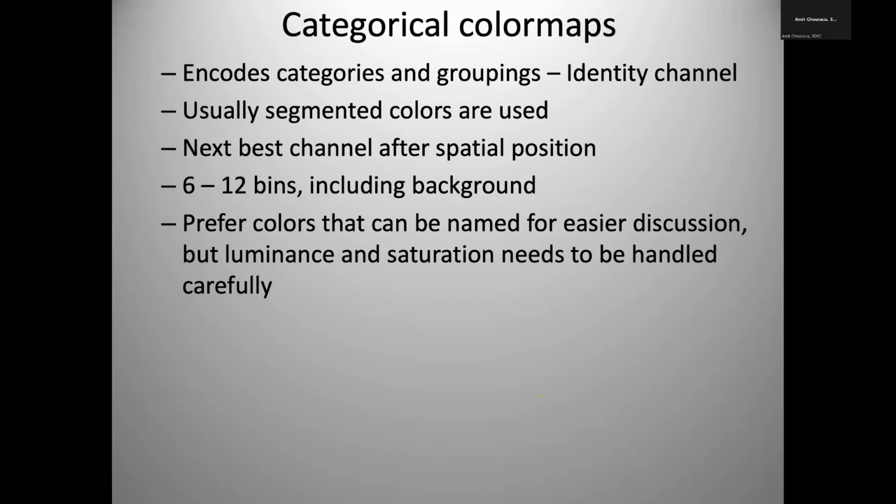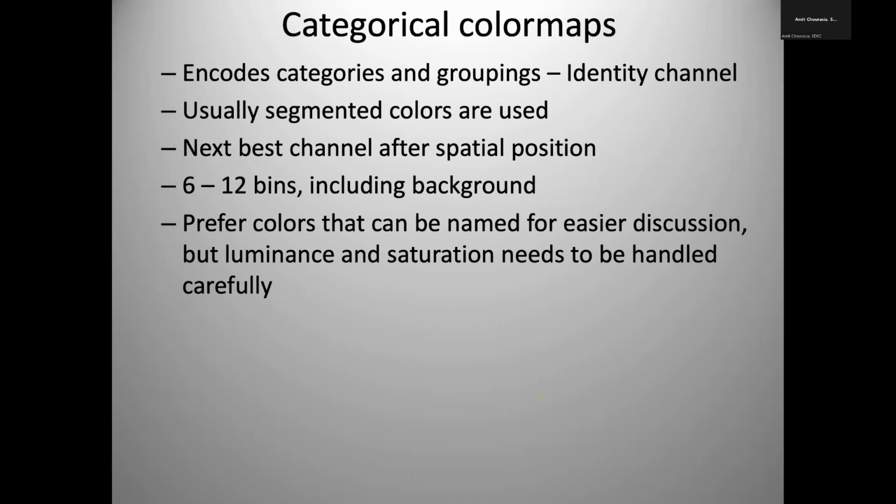If we are mapping categorical data, then we need to use a color map which is categorical in nature. That's the concept of the identity channel that we talked about. The idea there is to use segmented colors for the categorical color maps. It's also a highly effective channel available to us after spatial position.